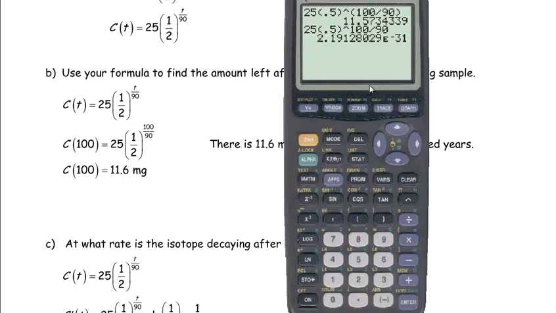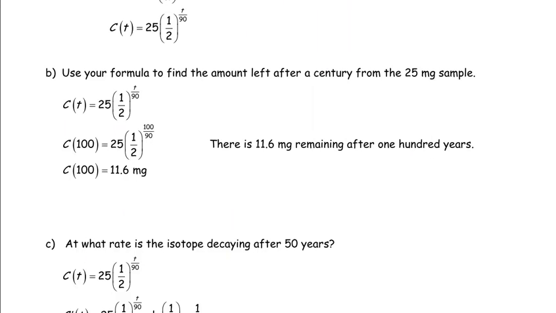So that's the same as if I had done this. This should work out to be the same thing. I'll be surprised if it doesn't. Pretty sure I know how my calculator works. Yeah. So I've actually done the 0.5 to the power of 100 times the 25 and divided the whole thing by 90. But the 90 is supposed to be divided into 100 and then that power of a half evaluated. So make sure you know how to use your calculator.